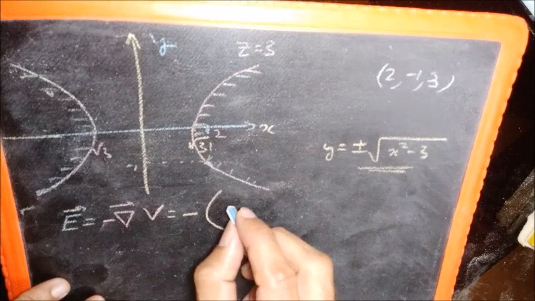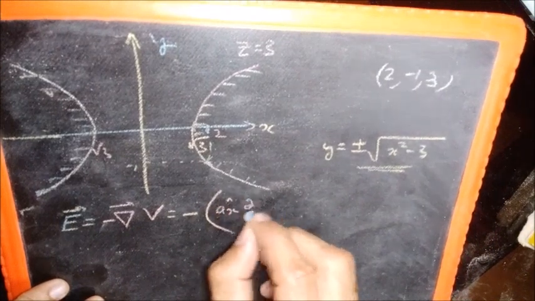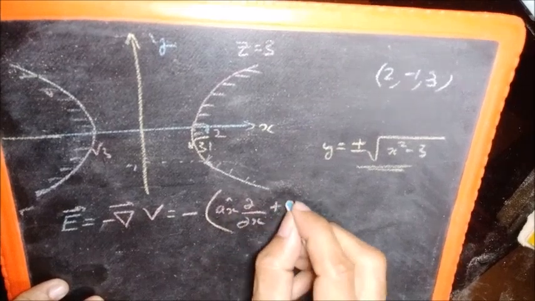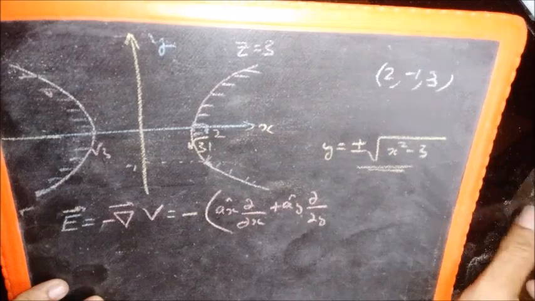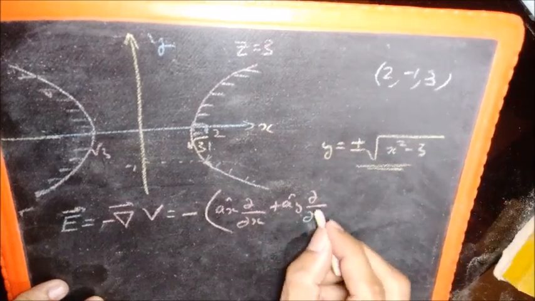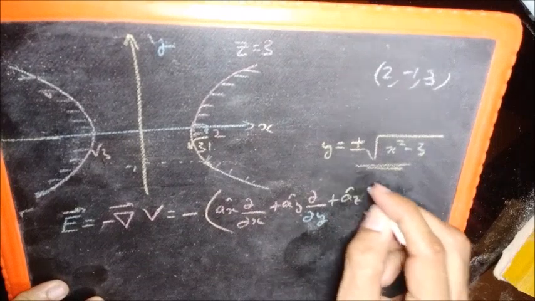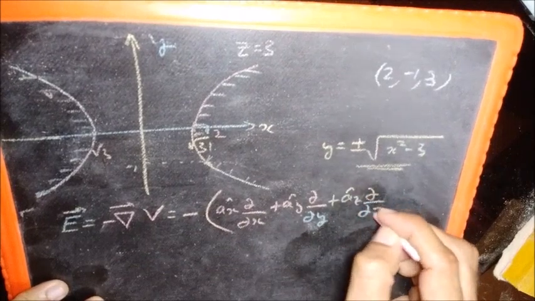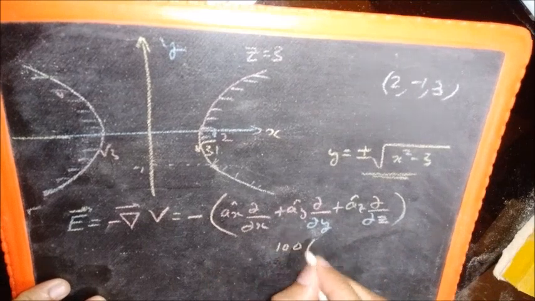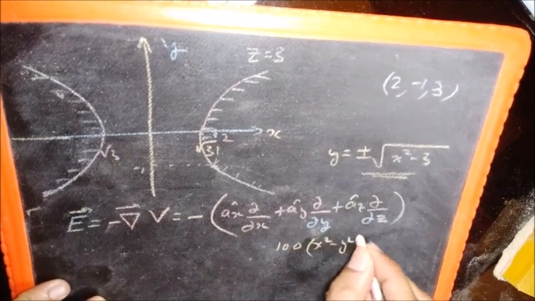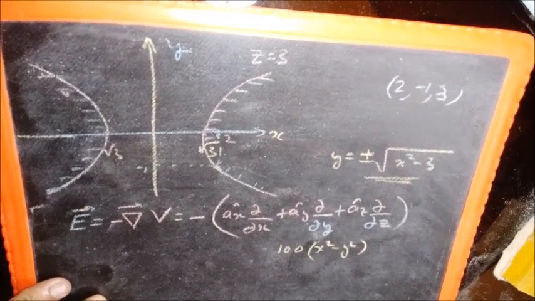So when I take the gradient of the potential, I can write the del operator, since we are in the Cartesian coordinate system, and V is given to be 100 x square minus y square. So we can find the electric field by simply taking the gradient of the potential field.